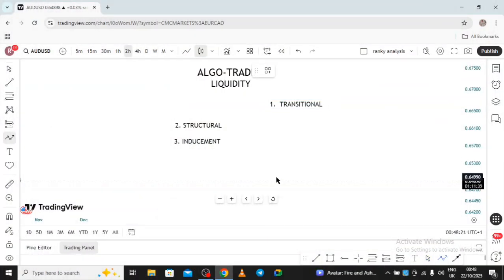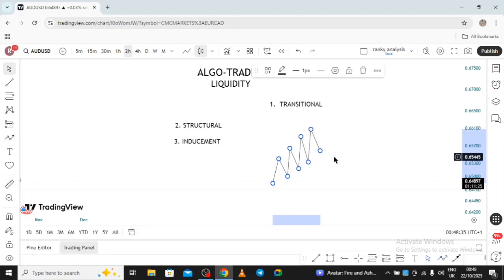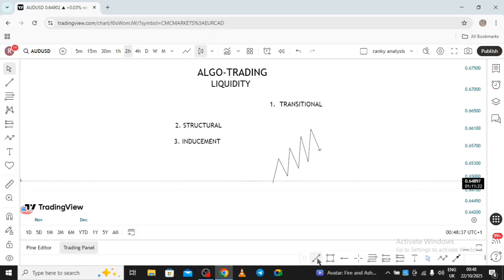whenever the market is heading in one particular direction, maybe giving us something like this. Whenever the market is breaking a high to the upside, it's simply giving us a transitional liquidity. It's taking out the liquidity in the high to give us another high.